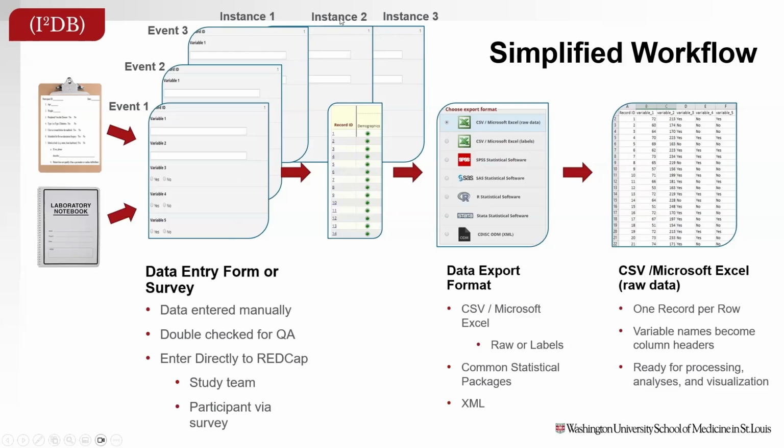But you can make these projects more complex, even though the basics of REDCap is pretty simple. You can make them more complex depending on the type of project that you're collecting data for.